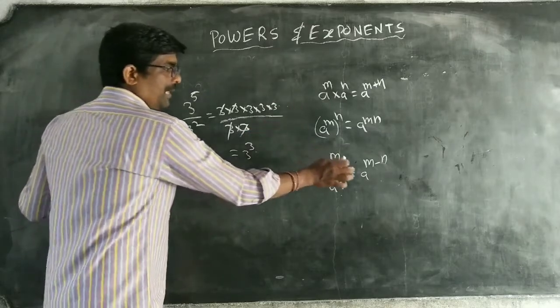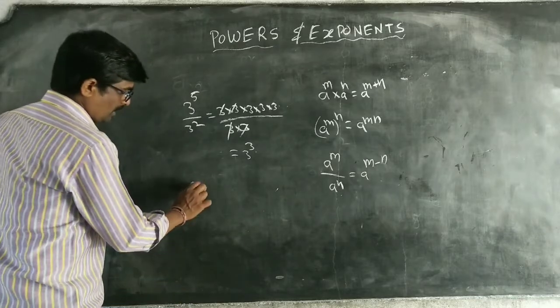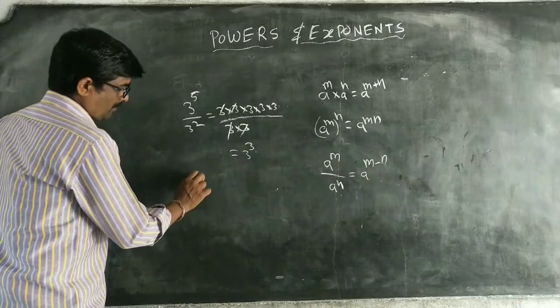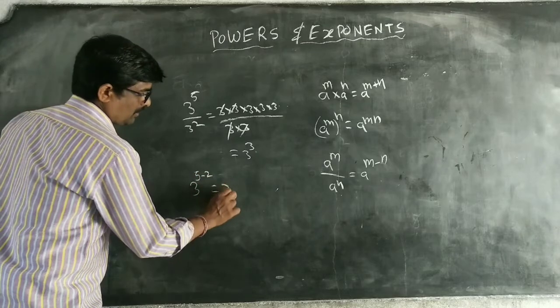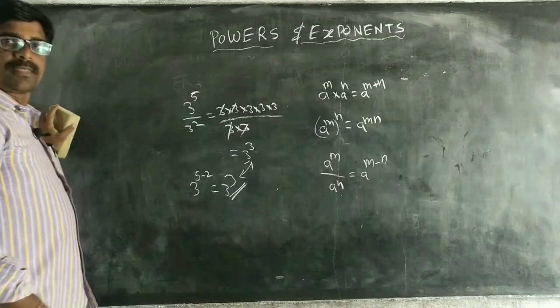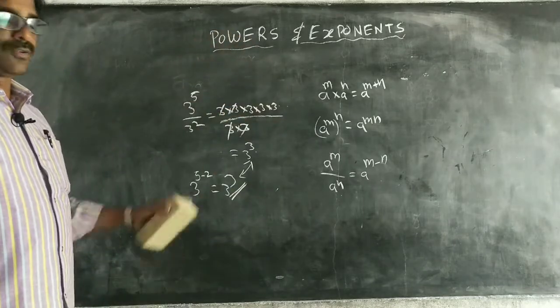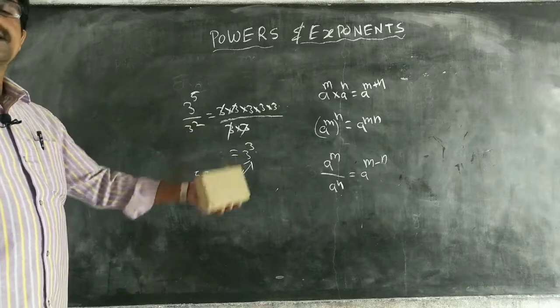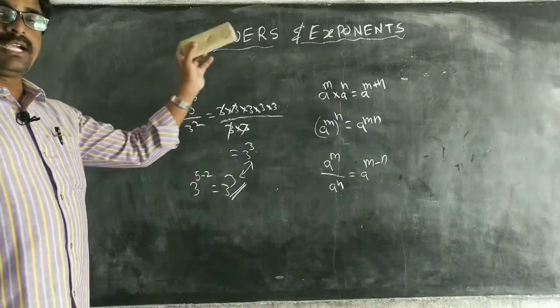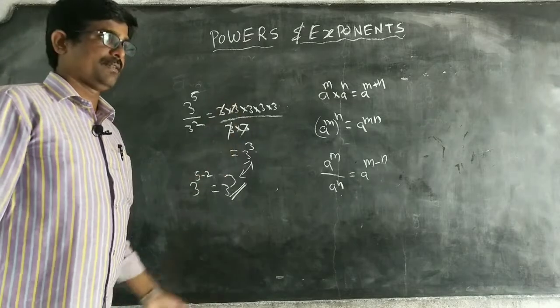If I apply the formula, the power is 5 minus 2, which is 3 power 3. Both are the same. These are some formulas on exponents. Using these formulas we can solve problems on powers and exponents.